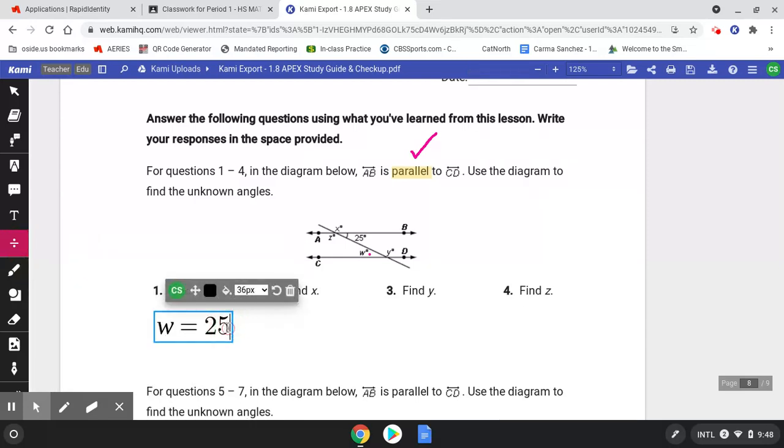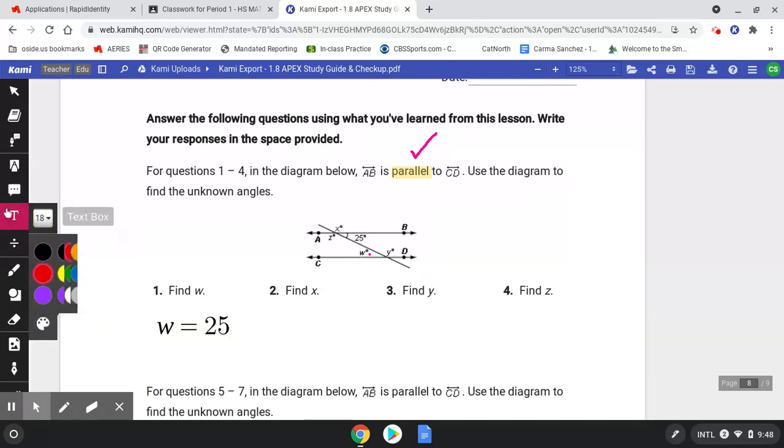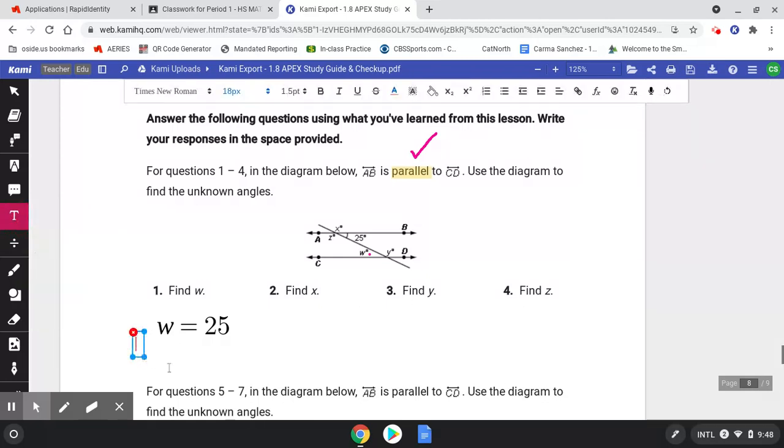And then we can say the reason below it is because alternate interior angles are equal.